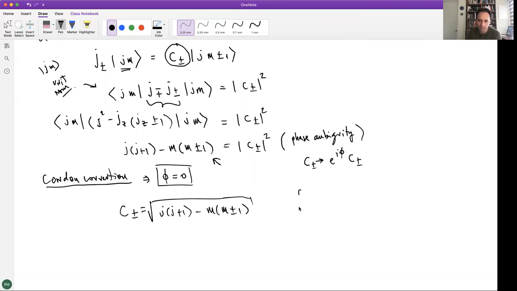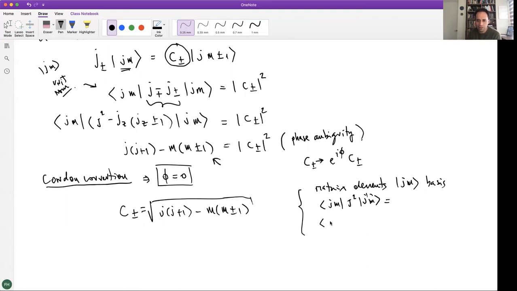So now you can write down matrix elements in the Jm basis. So this is J squared. Of course, there are some delta functions.